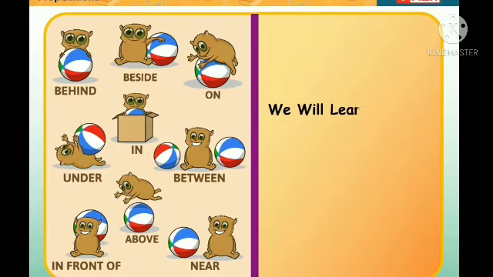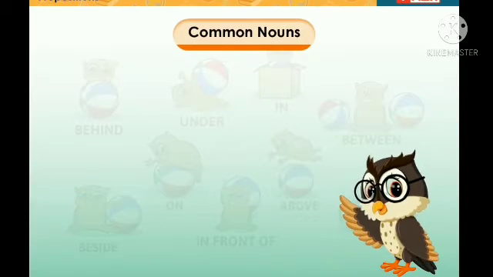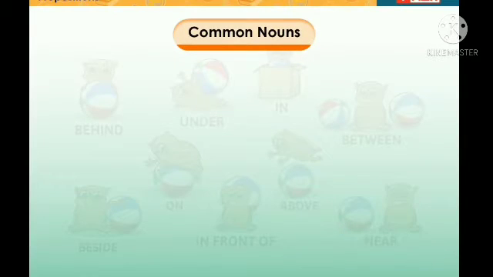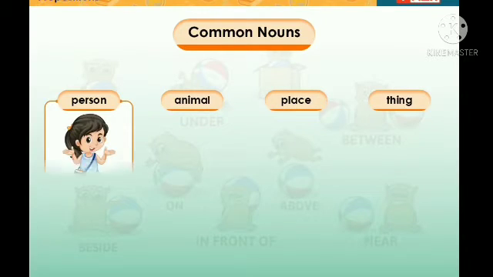Today, let us learn about prepositions, that is, position words. Before that, let us quickly revise common and proper nouns and pronouns that we have previously learned. A common noun is a general name that is used for naming a person, animal, place or thing.